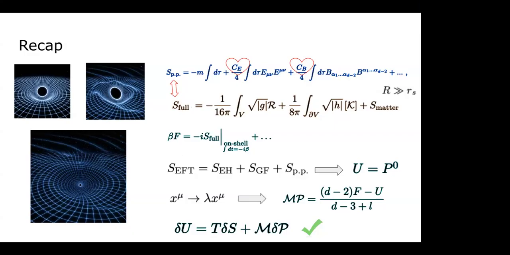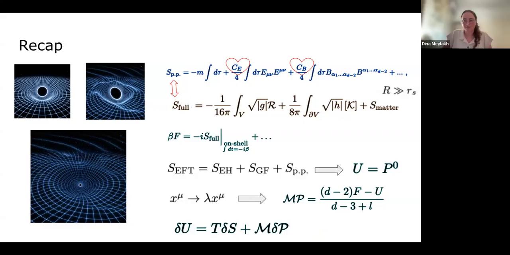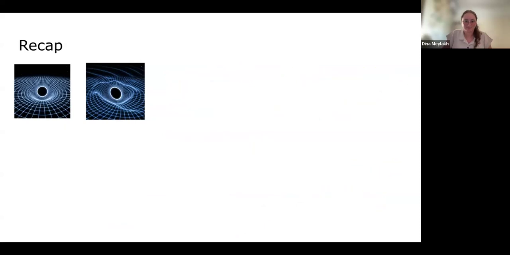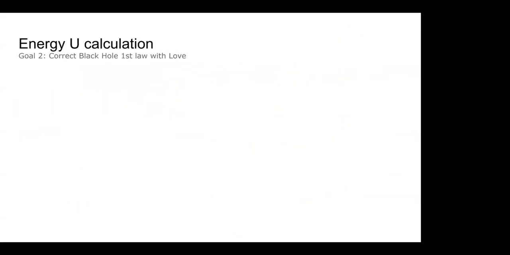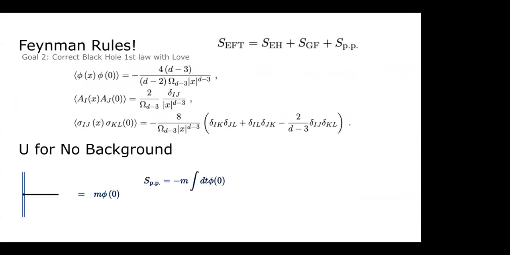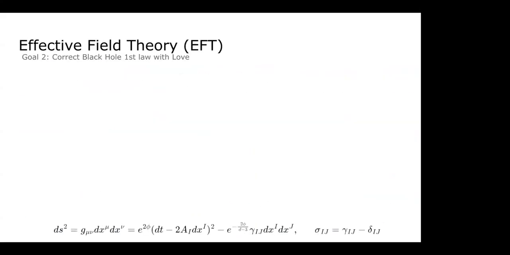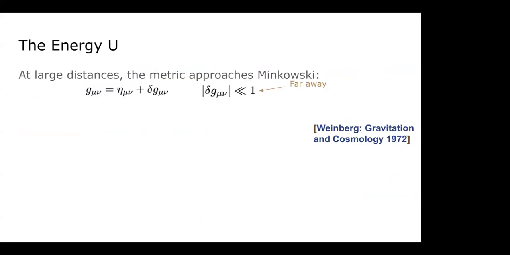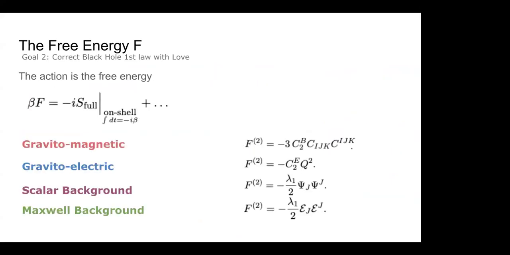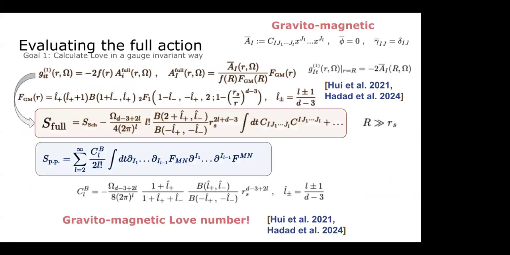Can I ask a question about the first result with the gravitomagnetic love numbers? Can you go back to the slide? First, I wanted to clarify. You only have two scales here, right? You have the faraway scale and the Schwarzschild radius scale.